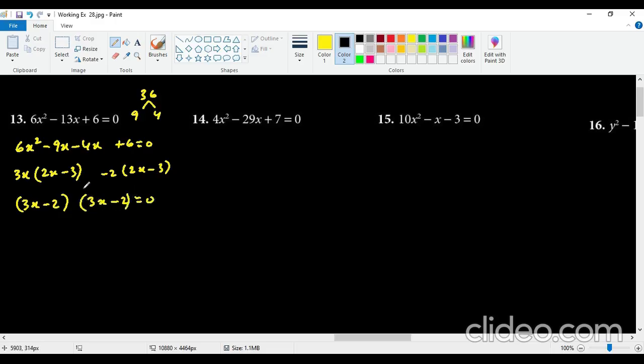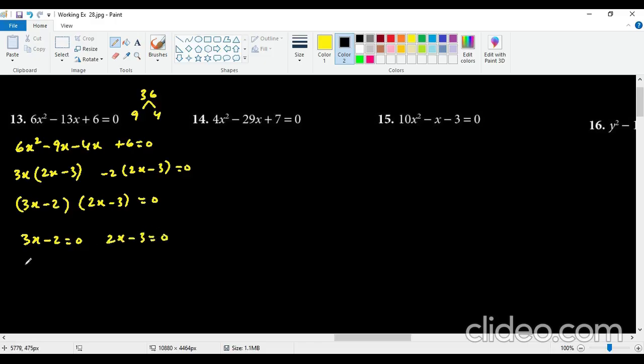Now in here, the first one is 3x minus 2, and the other factor is 2x minus 3 that you can see in the bracket. Now equals 0. Don't forget to put a 0 whenever you see an equation. And 3x minus 2 equals 0, and 2x minus 3 also equals 0.